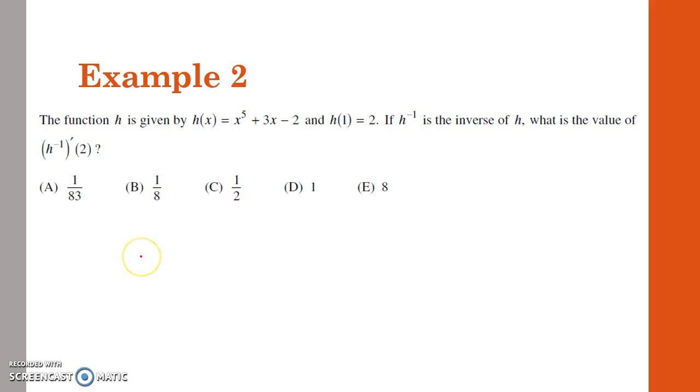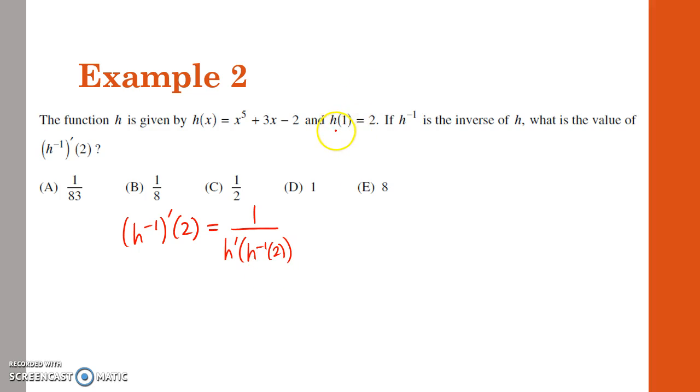Once again we're going to use the formula. The derivative of the inverse of h at 2 should be 1 over h prime of the inverse value at 2. Once again, we need to know what the inverse function's value is at 2 without knowing what the inverse function is.